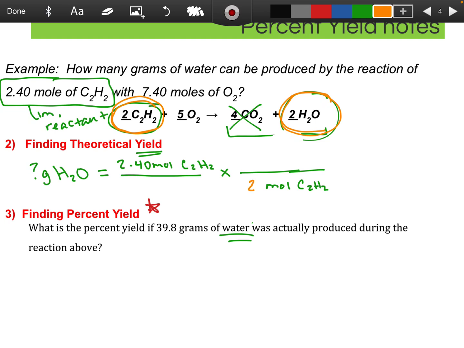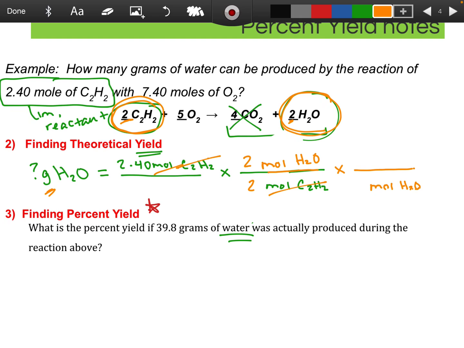For every 2 moles of C2H2, we are going to produce 2 moles of water. Again, that comes from your balanced equation. Moles of C2H2 cancels out. We want to end up with grams of water, so now we have to go from moles to grams. Whatever unit you have on top gets transferred to the next step.